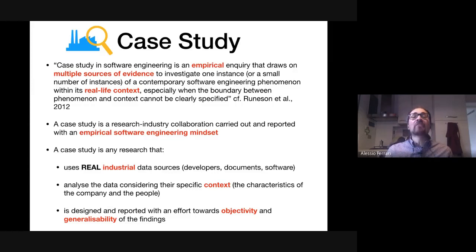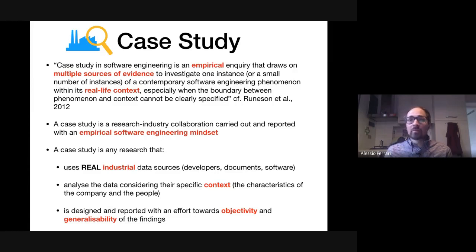There are some phenomena that cannot be observed in a lab experiment, for example phenomena related to large software projects or long development time that need to be studied in the real-life context. This is what is of interest to case studies. Many of the phenomena related to software engineering are complex.